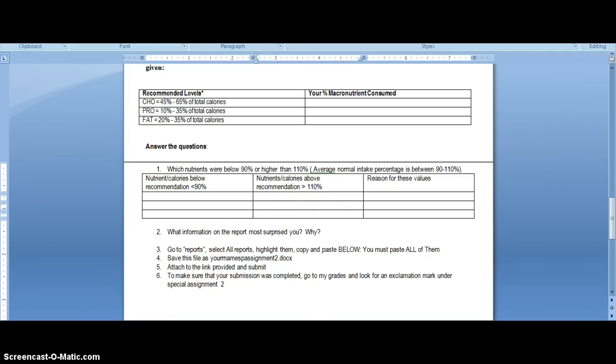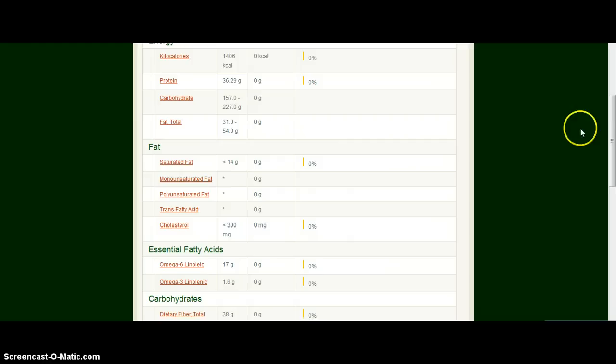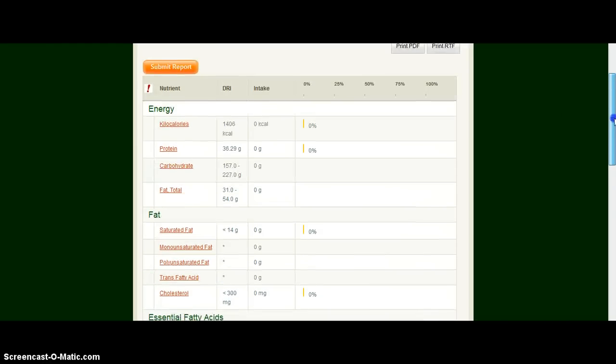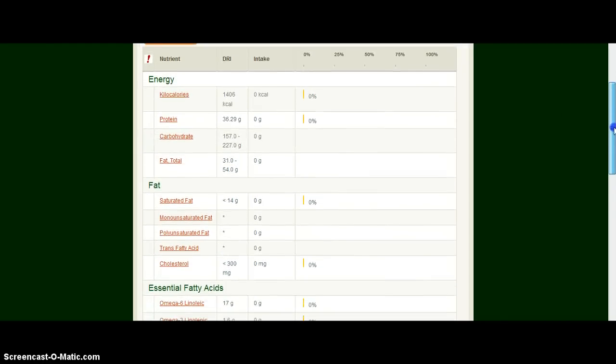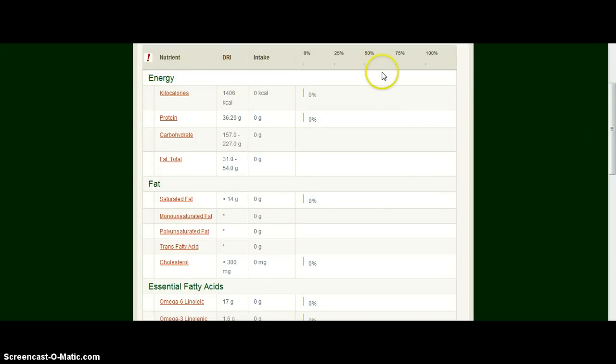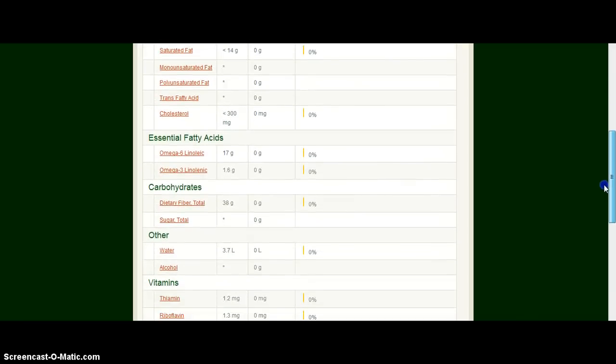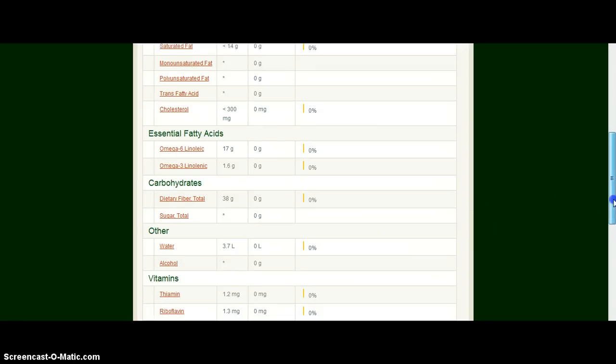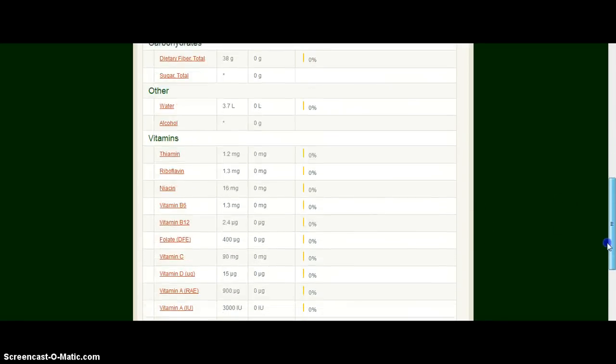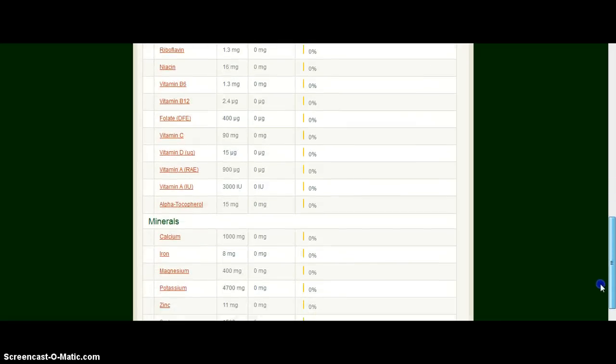So go back to your Intake versus Goals report, look on your report and see what macronutrients or calories that you consumed were below the 90%. Whether it was your fats, your essential fatty acids, your fiber, your sugar, your water, any of your vitamins, or minerals.